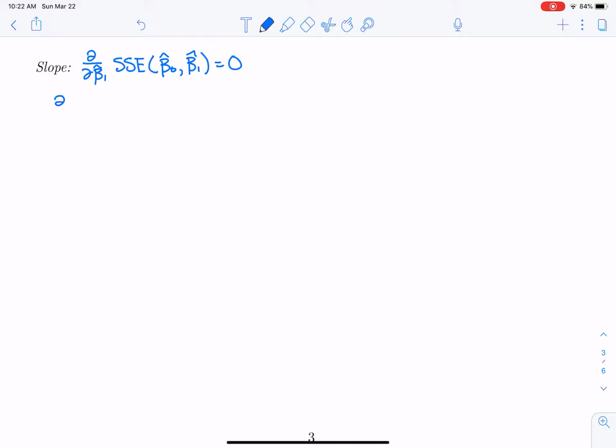So here we're going to have the derivative with respect to beta 1 hat of, again, the sum from i equals 1 to n of (y sub i minus beta 0 hat minus beta 1 hat x sub i) squared. Now, how we take the derivative for this one is very similar.